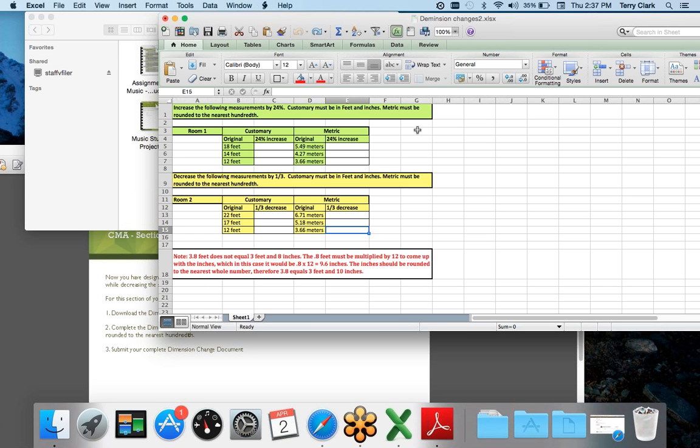Remember, with the customary, you have to convert the fractions of a foot to inches. With the metric, because it's only one unit, you only have to round. You don't actually convert, you round to the nearest hundredth. That's the second number past the decimal.